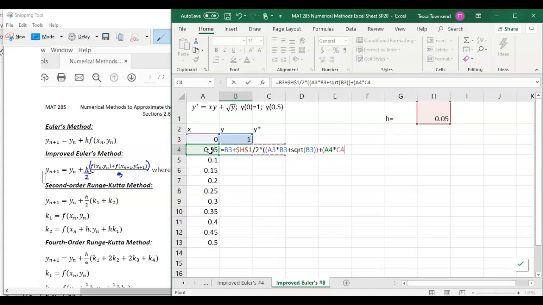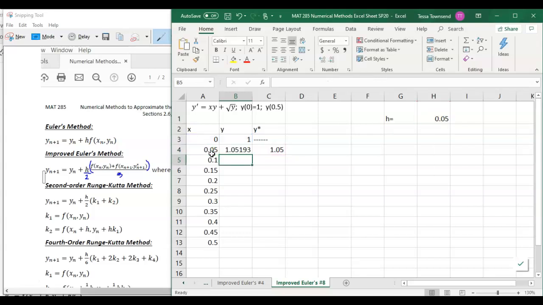And to get to that, because this has now kind of filled in where that lies, I have to use the arrow keys. And you can see it's highlighted that cell in the back with the moving dots. So xy plus square root of the y star. So there's my y star. You can see it's highlighted, that's C4. In my parentheses, hit enter.